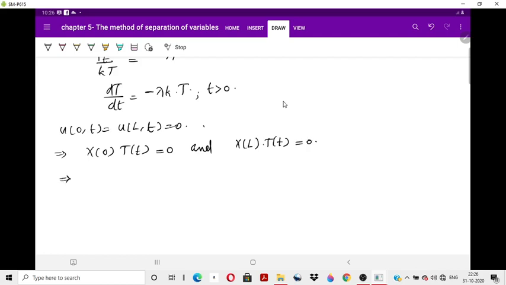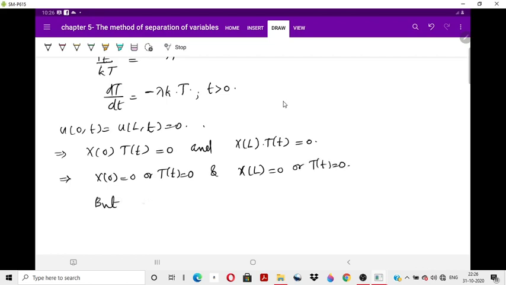So from these conditions, either X of 0 equal to 0 or T of t equal to 0, and from this X of L equal to 0 or T of t equal to 0.